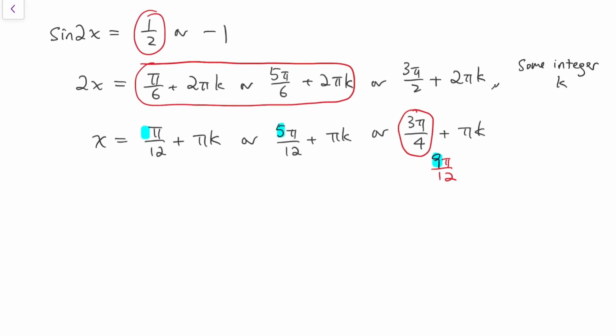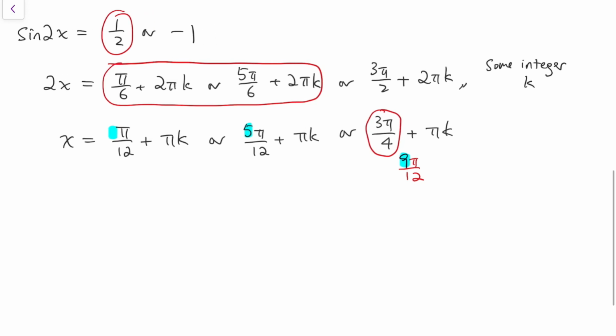Now let's try to write a few more to see what kind of pattern they form. The solutions we have are pi over 12 starting from k equals 0, 5 pi over 12, 9 pi over 12. Then I can move to k equals 1, and I have 13 pi over 12, 17 pi over 12, and 21 pi over 12.